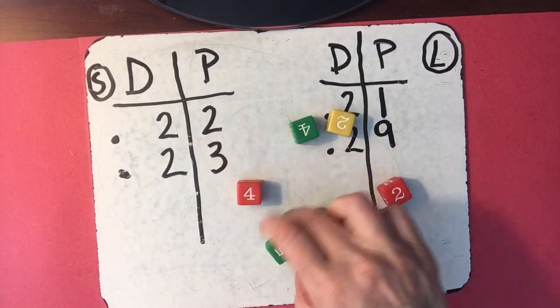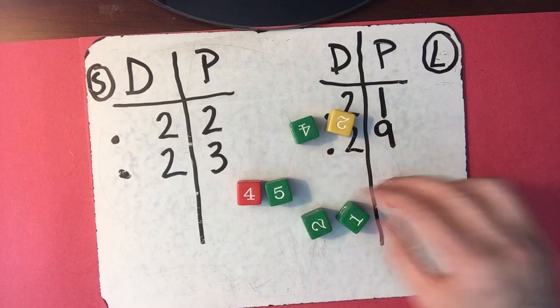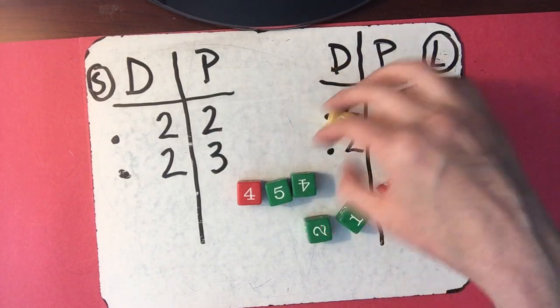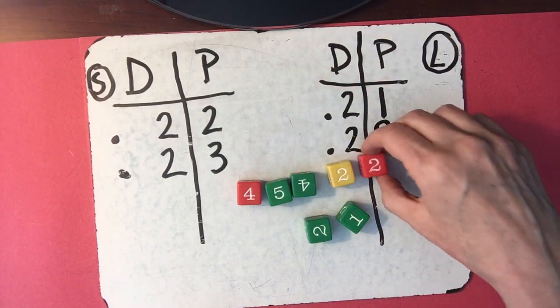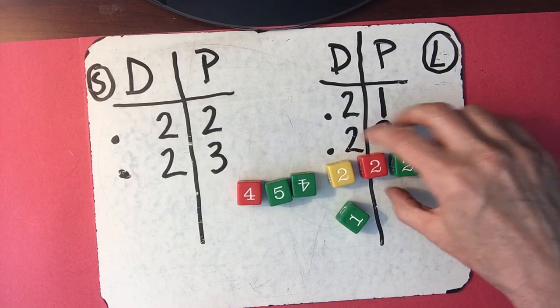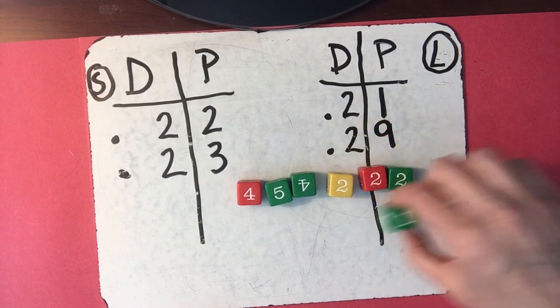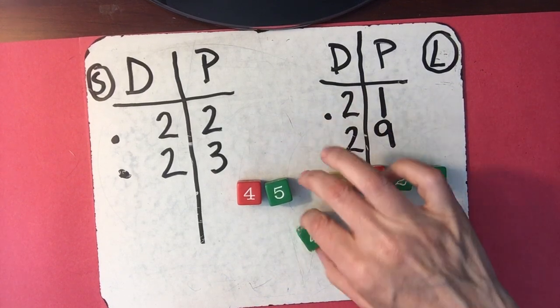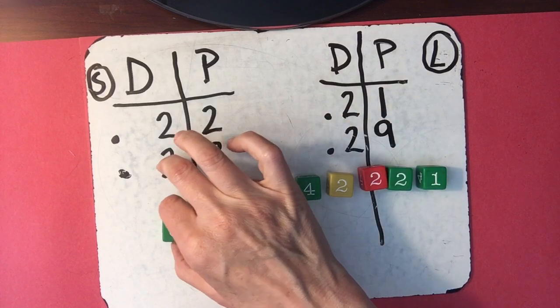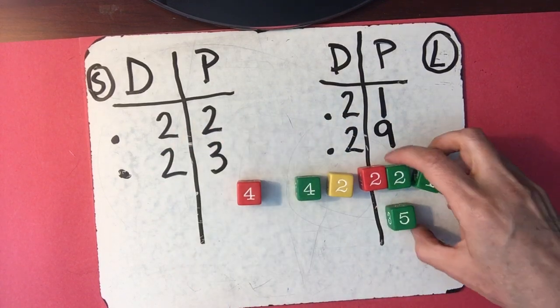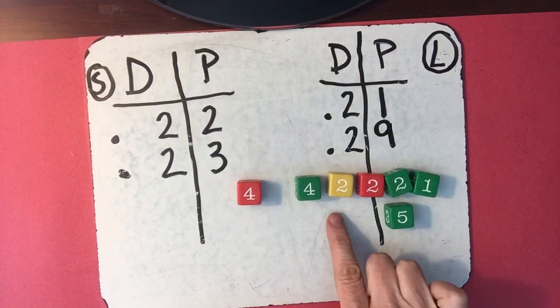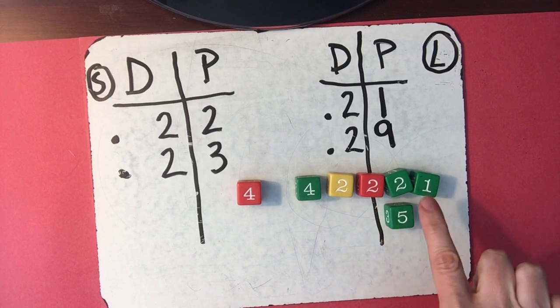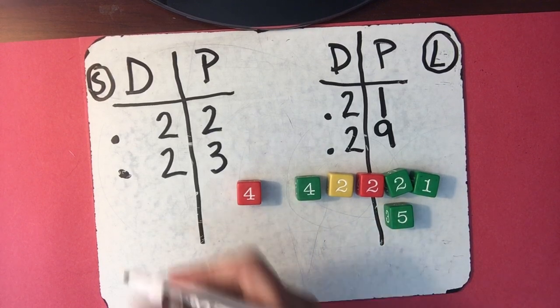You got a 4 and a 5 and a 4 and a 2 and a 2 and a 2 and a 1. Okay, so go ahead and calculate that up. What I see is a 10 here, and I see a 10 here. So you got 20 cents.